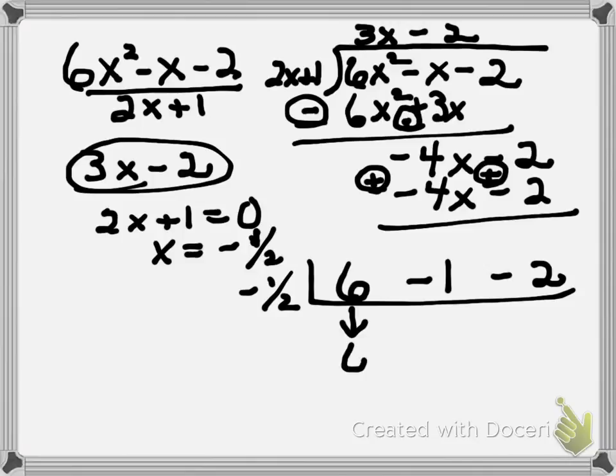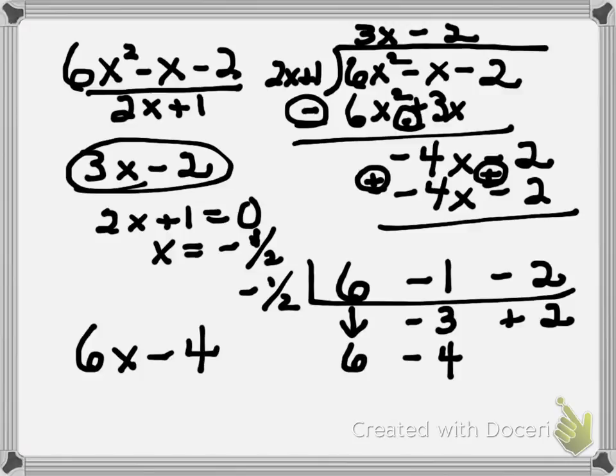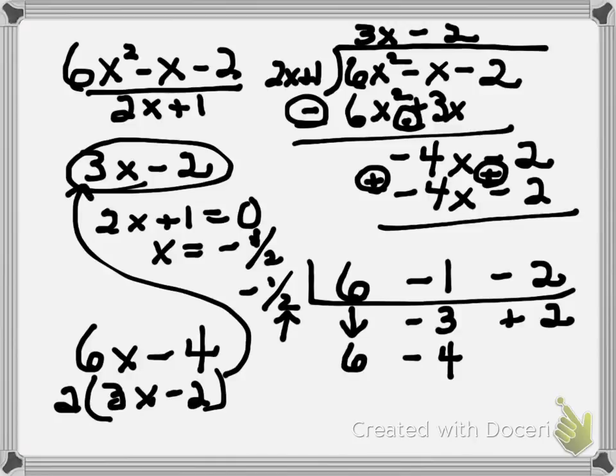Bring down the 6. Negative 1/2 times 6 is negative 3. Negative 1 and negative 3 is negative 4. Negative 1/2 times negative 4 is positive 2, so I get a remainder of 0. Now this would be 6x minus 4, but because we have a denominator of 2, we can factor 2 out of our solution and get 3x minus 2, which is the answer that we got in long division.